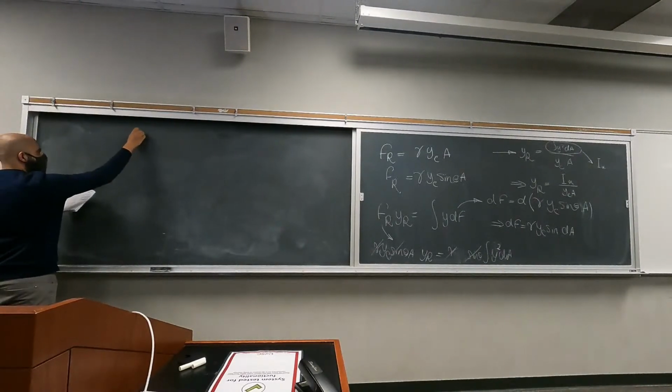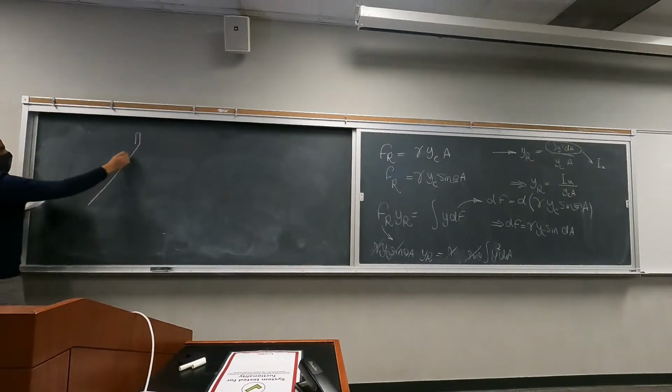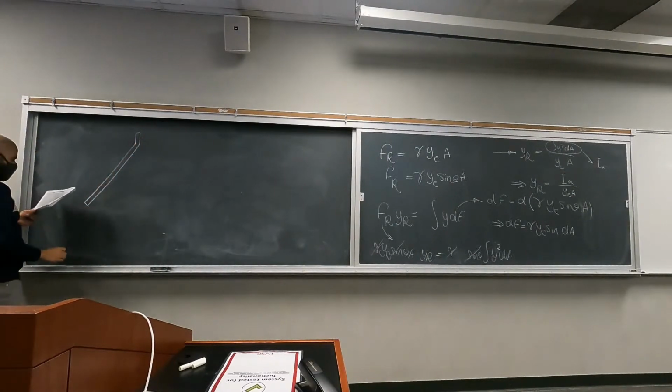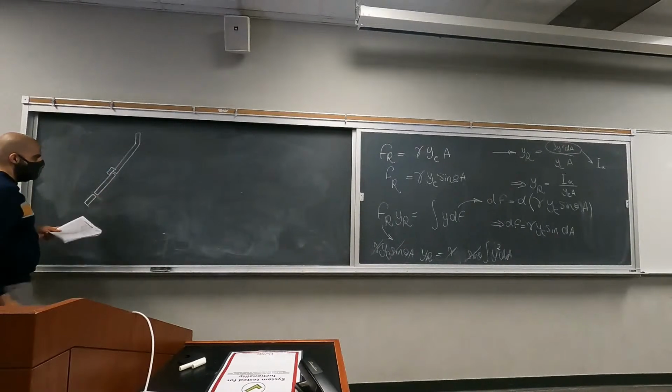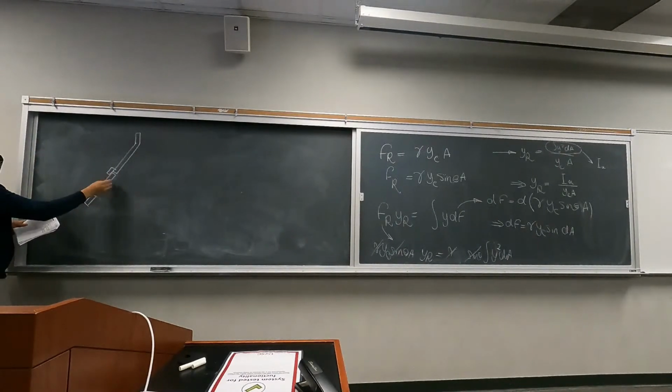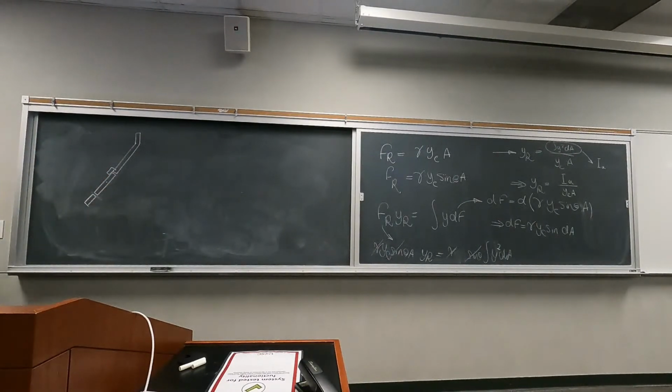So we have this wall that has a very small gate here. And this gate has a stop, right? So this gate is being stopped from rotating in this direction.